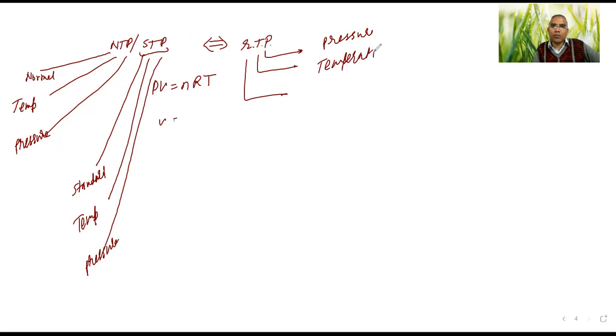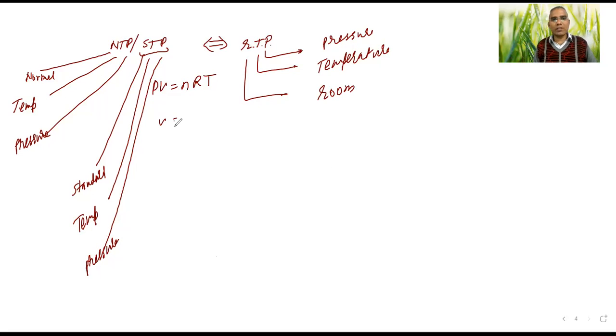And R stands for room. So in all places the thing is the same. If anyone asks what is NTP, normal temperature pressure, or STP, standard temperature pressure, is there any difference? No difference. RTP, room temperature pressure, is the same.